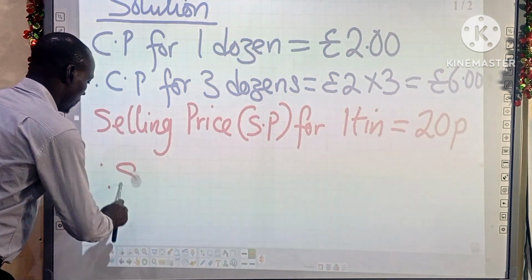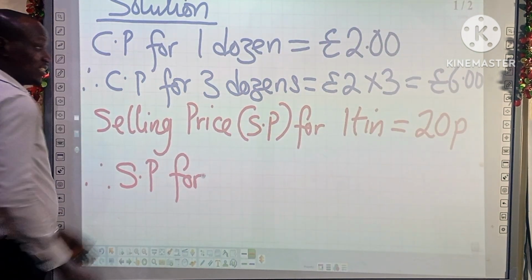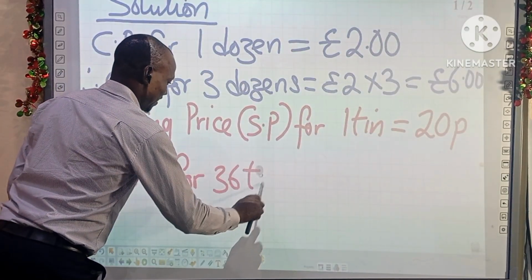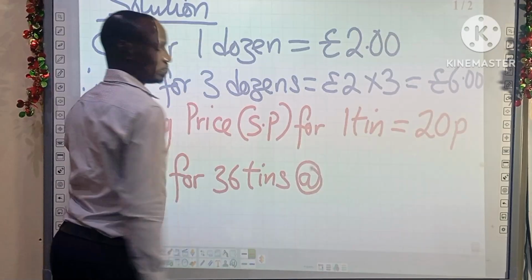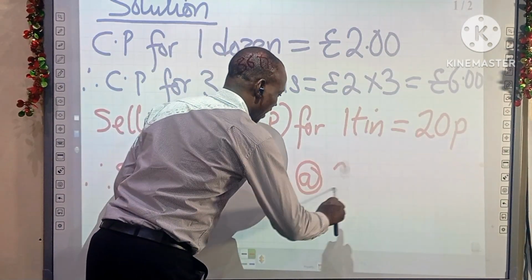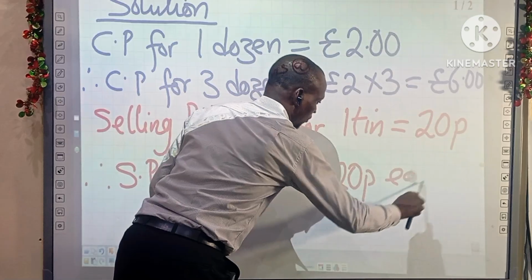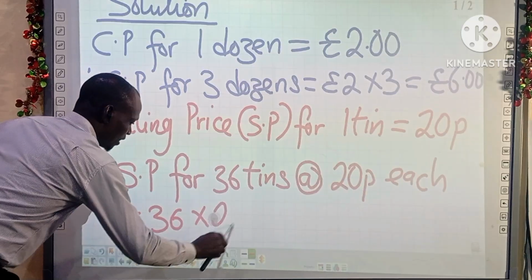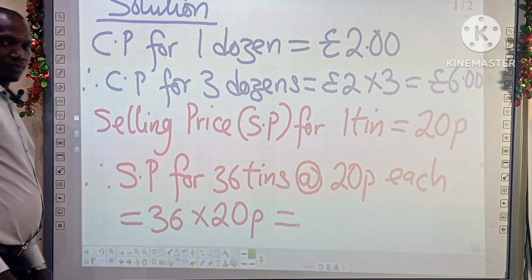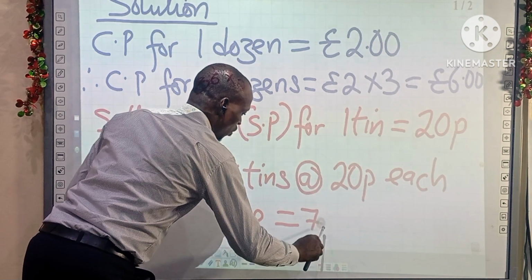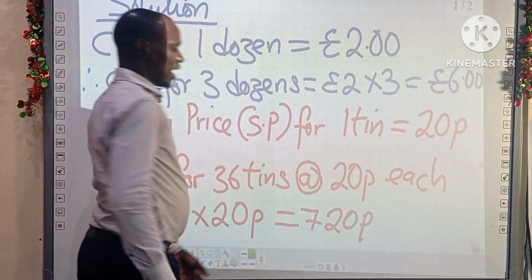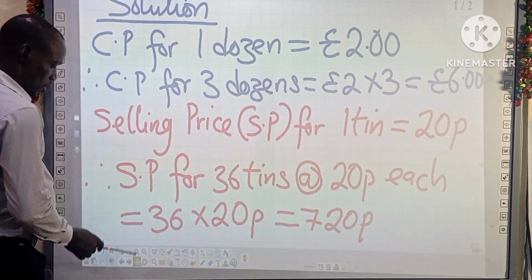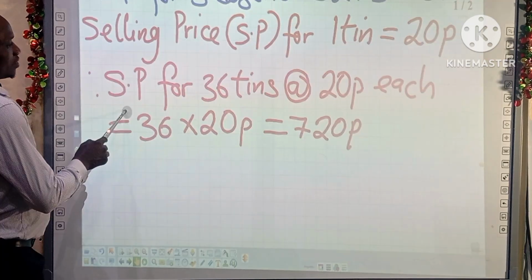Therefore, the selling price for 3 dozen, which is 36 tins, at 20 pence each will be equal to 36 times 20 pence, which will give us 720 pence. Now, we have gotten the cost price and the selling price of the dozens of milk.